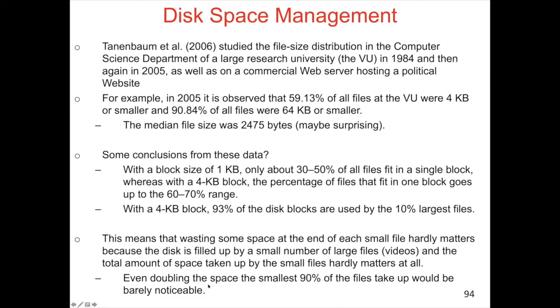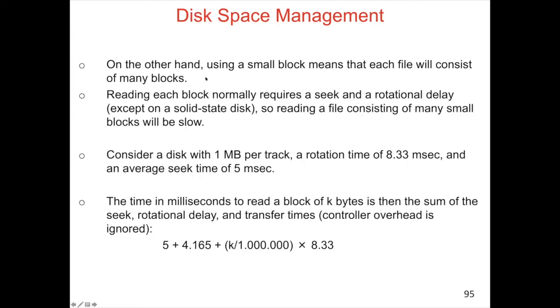Even doubling the space the smallest 90% of the files take up would be barely noticeable. On the other hand, using a small block means that each file will consist of many blocks.